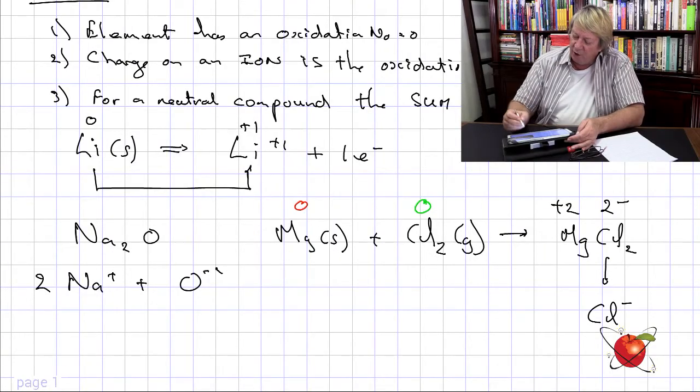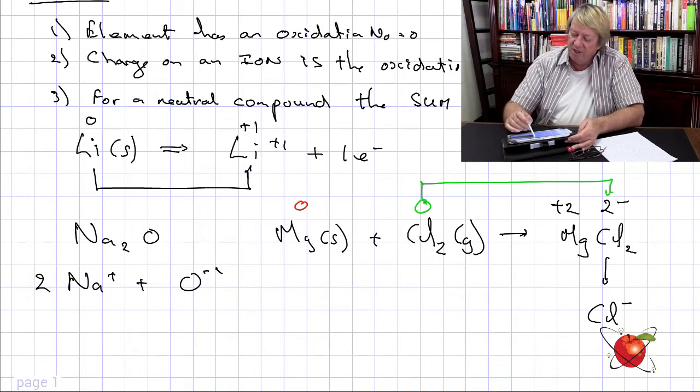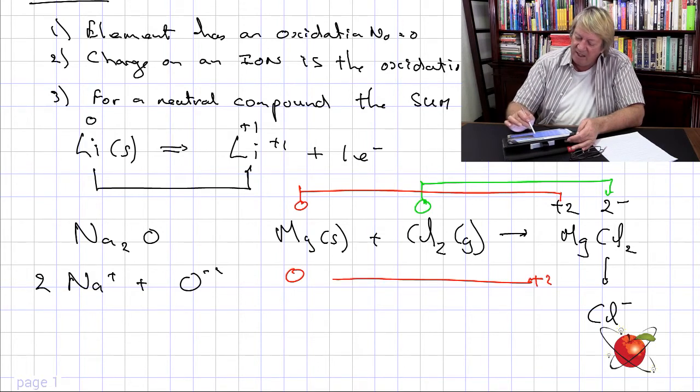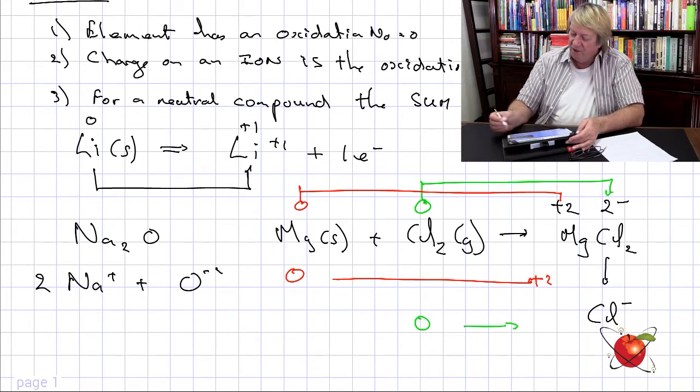So what has happened here? Well, hang on, let's have a look. Can you see that the chlorine was 0 and it went to a -2? And the magnesium went to a +2. So we had 0 to +2 for the red side, and for the green side we had 0 to -2.